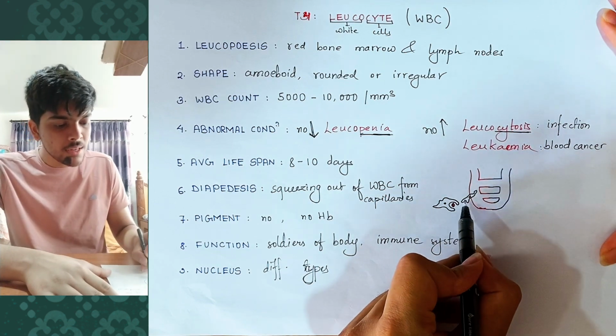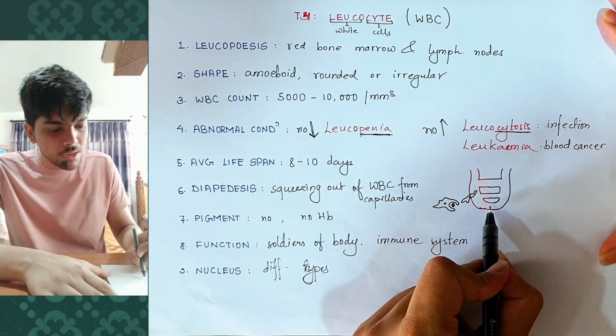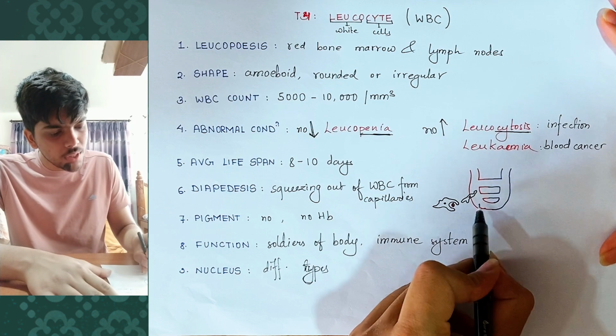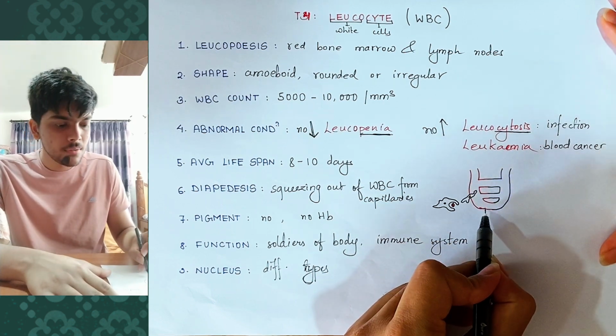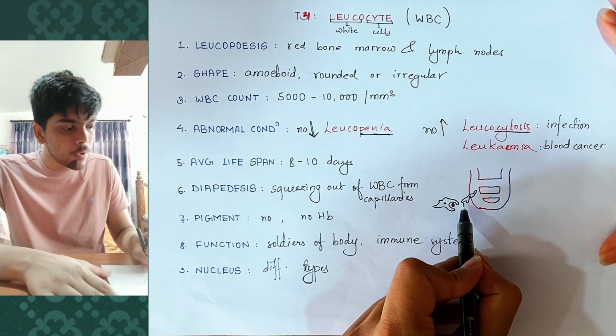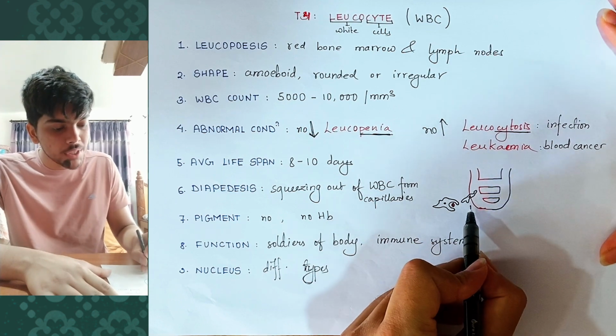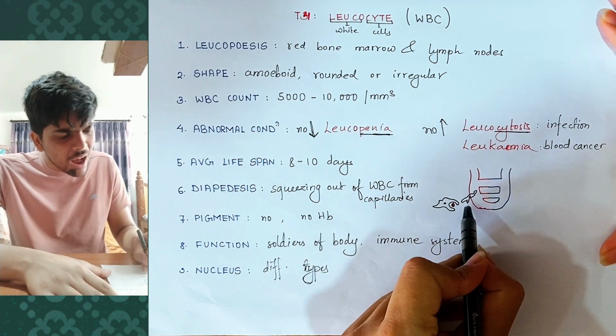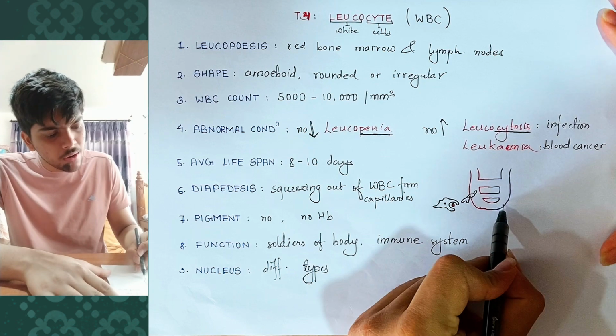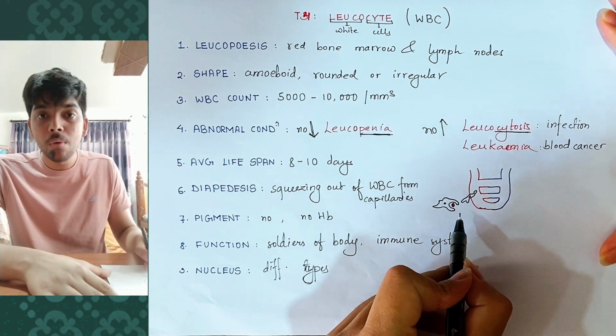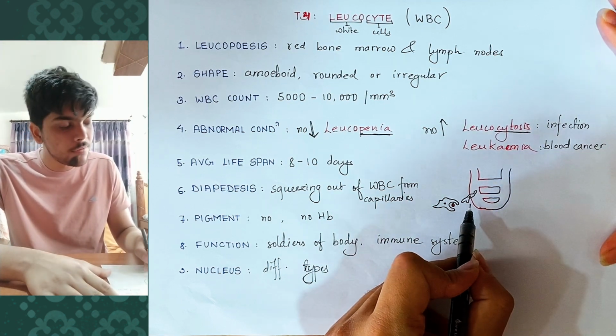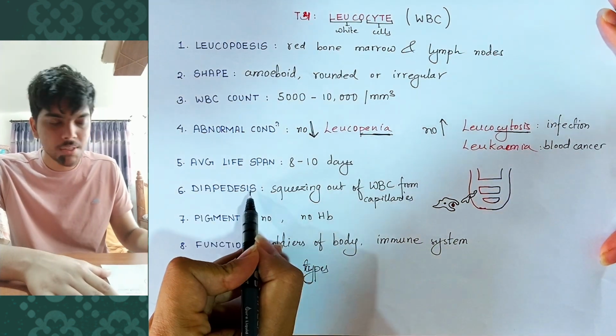These white blood cells present inside the capillary squeeze out through the thin wall of the capillary, and this process by which white blood cells squeeze out of the thin wall of the capillary during infection, or also during the formation of lymph, is known as diapedesis.